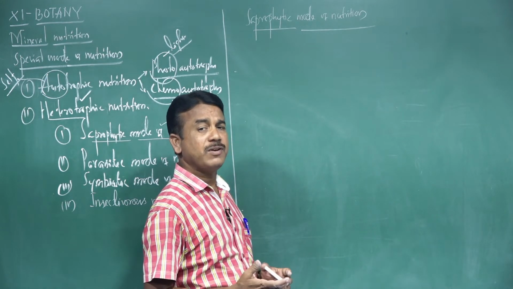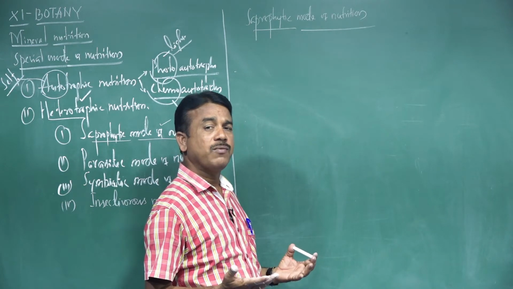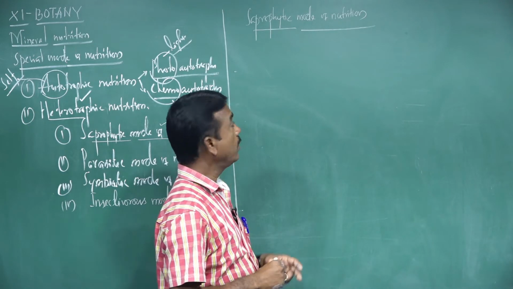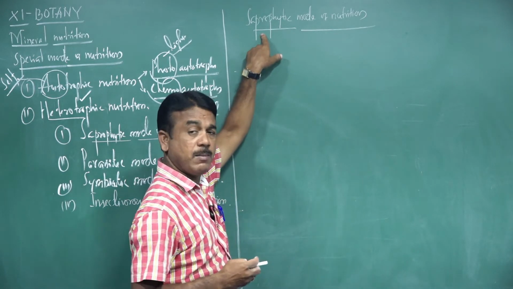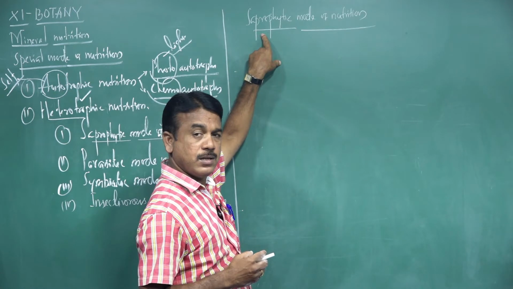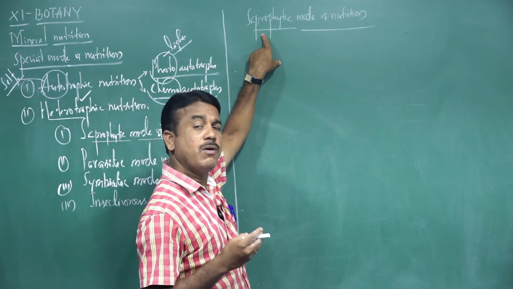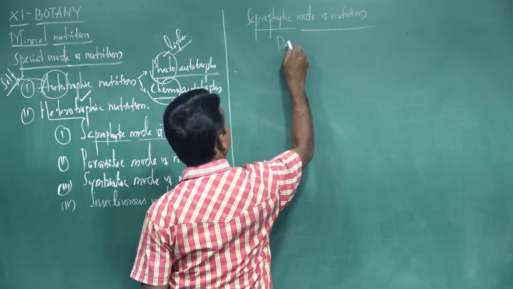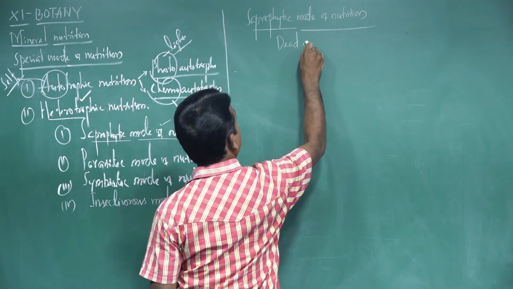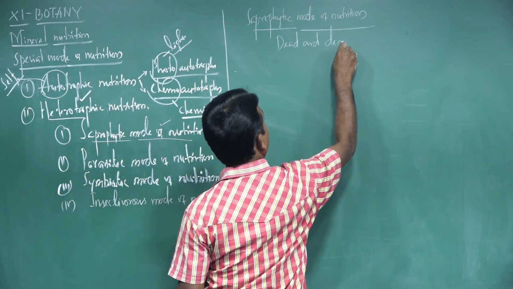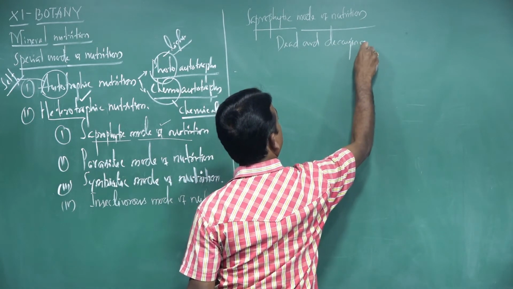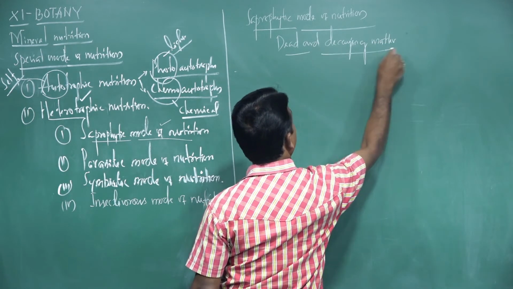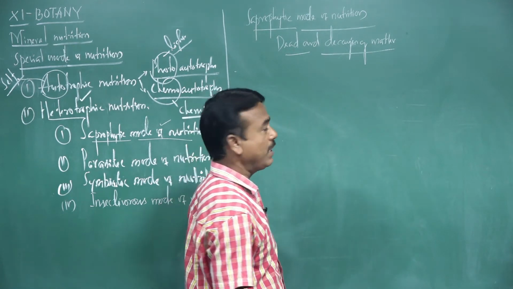You know the meaning of heterotrophic: lack of chlorophyll, so those organisms completely depend on other organisms. The saprophytic mode of nutrition is when living organisms depend on dead and decaying matter for food. They get nourishment from dead and decaying matter.